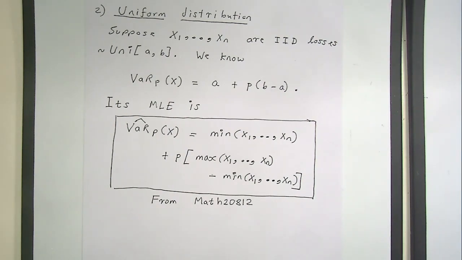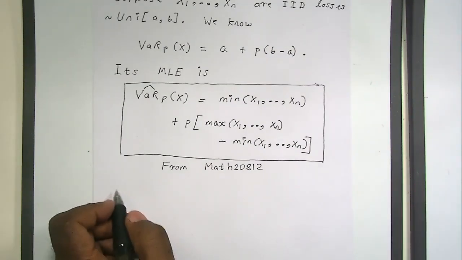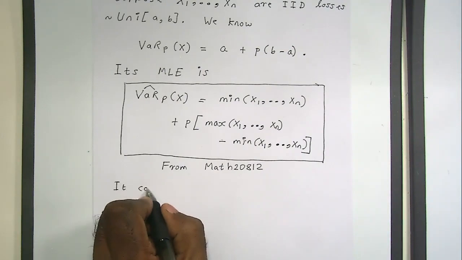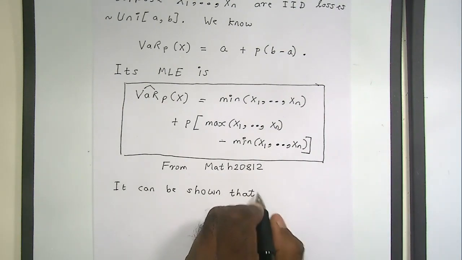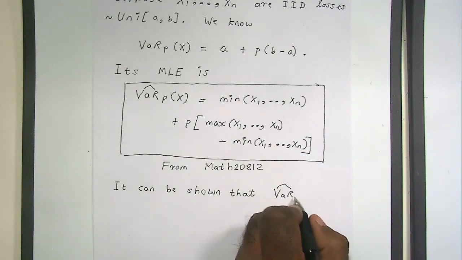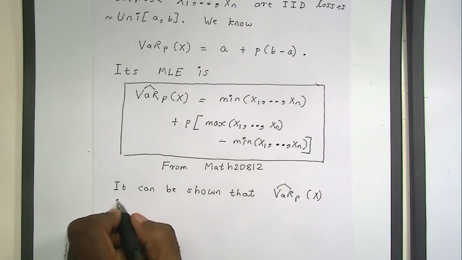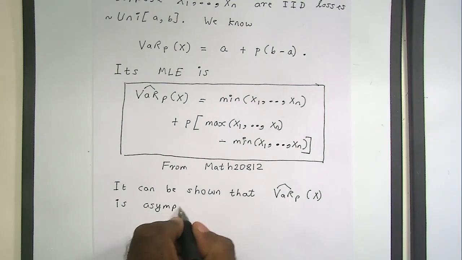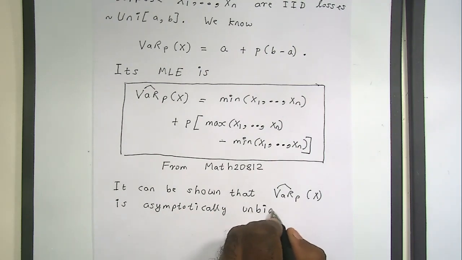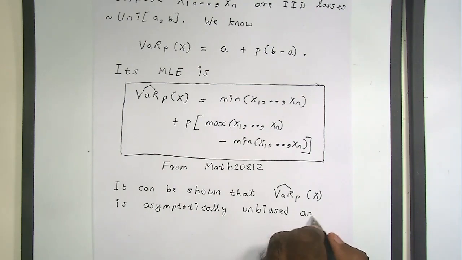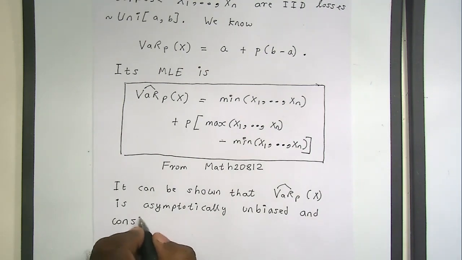Right, that's number 2. Okay, number 3 is the exponential distribution, which we did yesterday, you may recall.